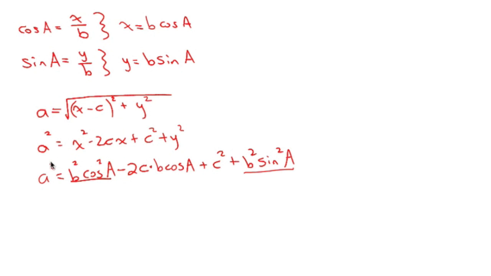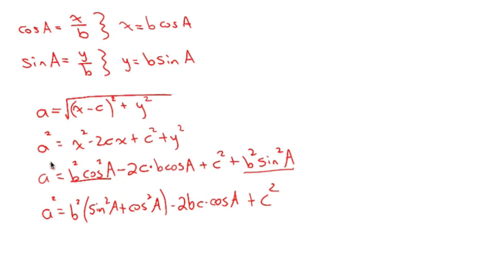Kind of cool, huh? So this becomes a squared. I'll write it all out. I'll move the sine squared to the front term, factor out the b squared, and I'll put things in alphabetical order too. We get that. So it's just a little rearrangement and factoring of that b squared. And we know that sine squared plus cosine squared of the same angle is equal to 1.